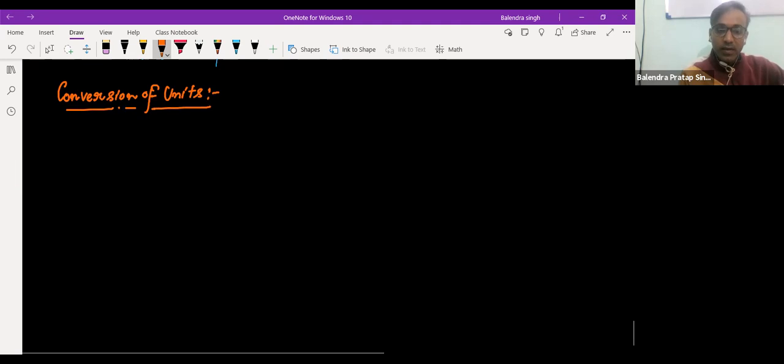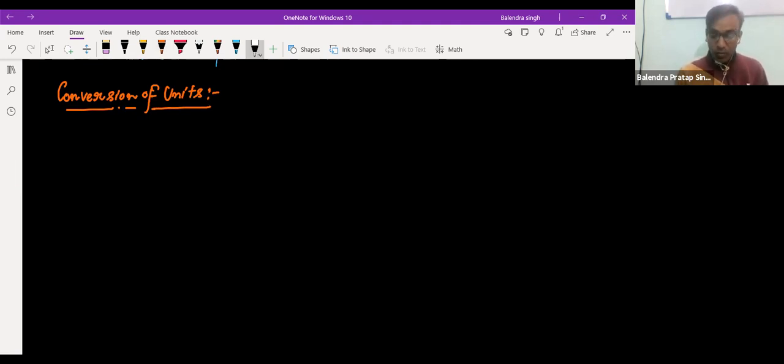So basically, there are mainly two systems in physics: the SI unit system and the CGS unit system. But always remember this point: the magnitude of a physical quantity doesn't change in any unit system.